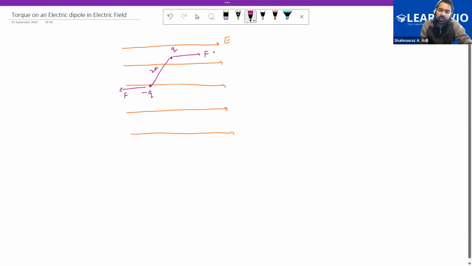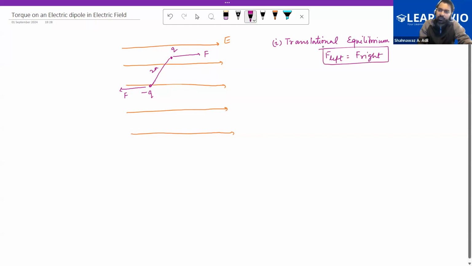The magnitude of the forces would be equal, so the right-hand side force equals the left-hand side force. So this would be translational equilibrium, because F left equals F right.